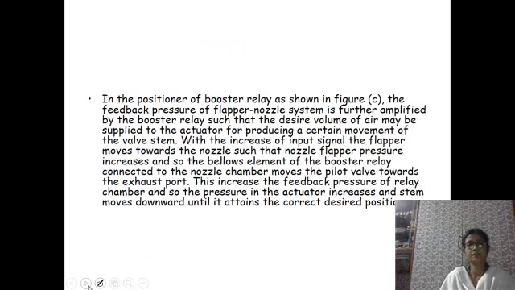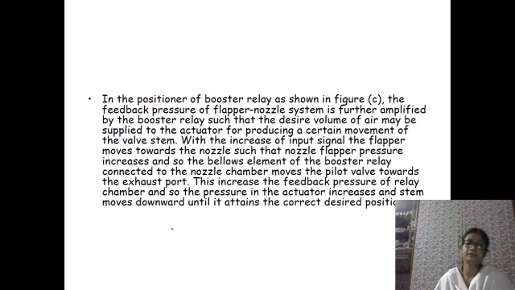So positioner is basically a feedback element. In the positioner with booster relay, the feedback pressure of the flapper nozzle system goes to the booster relay, the signal is amplified by the booster relay such that the desired volume of air may be supplied to the actuator for producing a certain movement of the valve stem.